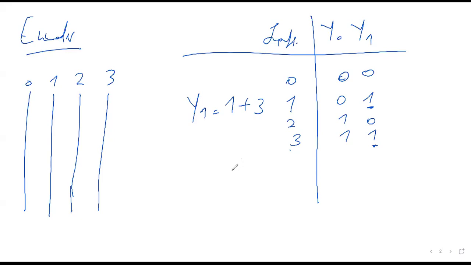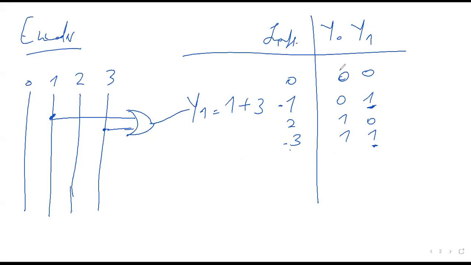Sum of the products. We are summing a solution where it's 1 here and this one. So if I take this input and this input, plus, this is an OR gate. If I do this, I will get Y1.